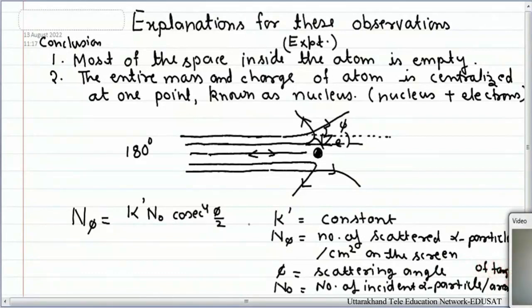In general this is the formula for the scattering of alpha particles with any target. Now we can elaborate this formula a little bit and write some more terms into it. So put the heading: Rutherford scattering formula.